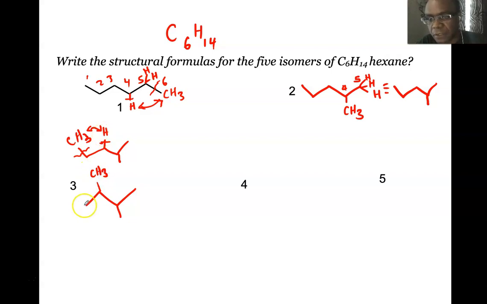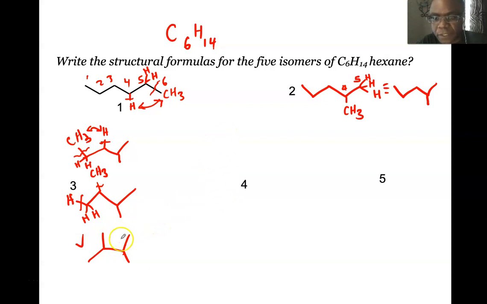The hydrogen that was there goes where the methyl was. You are changing their positions, you are swapping them. Remember, you have 2 hydrogens here, which are the hydrogens where the methyl originally was. Without showing the hydrogens, this will be the structure, and that is the 3rd isomer.